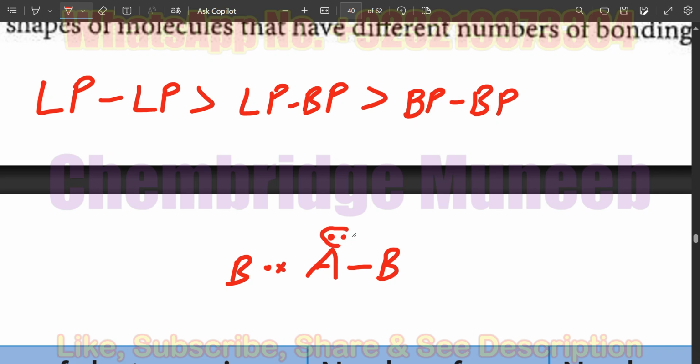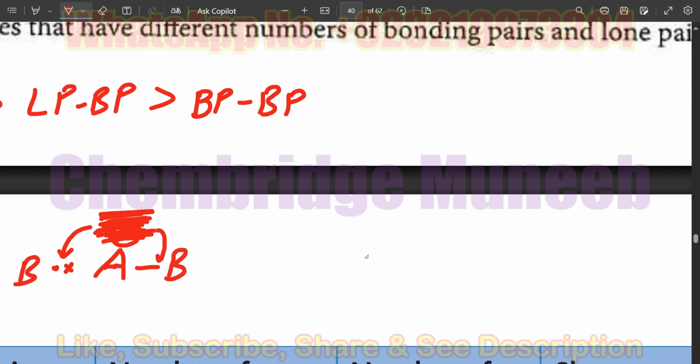But if I say that the A atom also has a lone pair on it, this lone pair is only attracted towards the A atom, and it is not attracted by the B atoms. As a result, the charge density of this lone pair will be greatest. It will be present much more in the space, and that is why it will create repulsion on the bonding pairs. Is that clear?